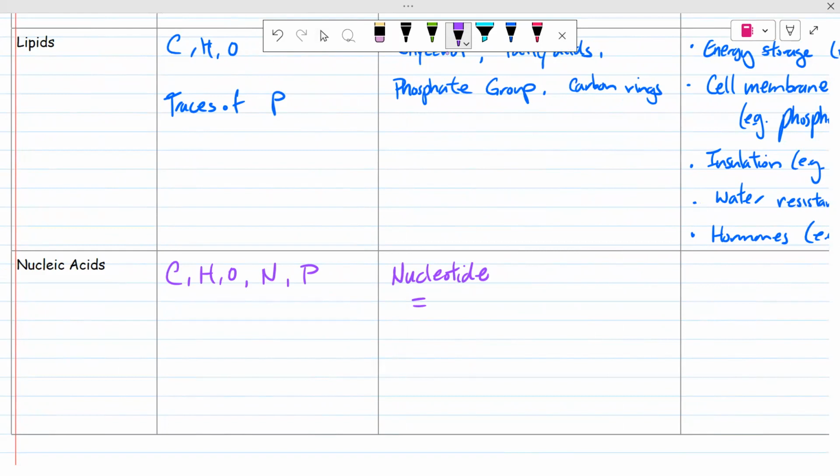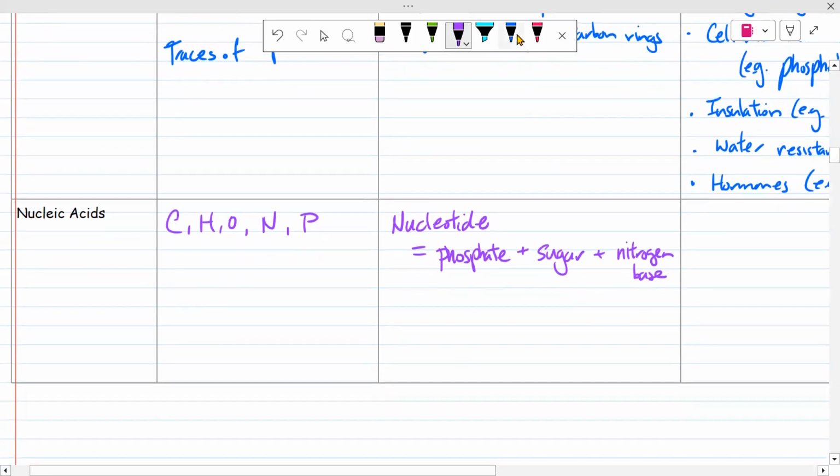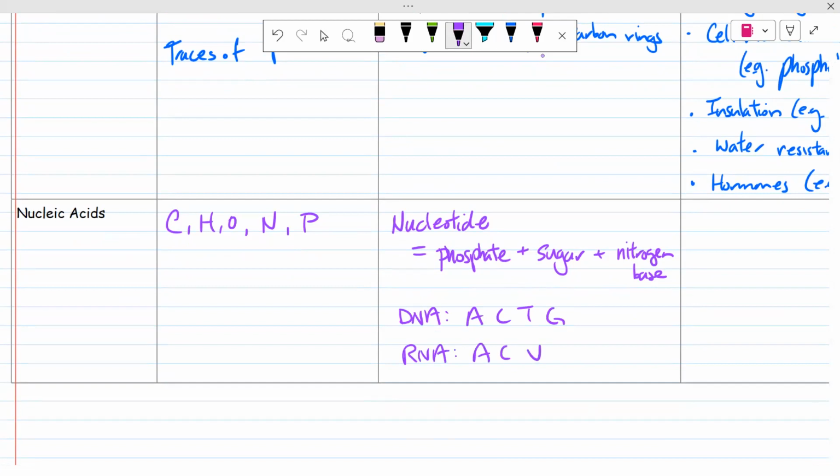Just to refresh your memory, a nucleotide contains phosphate, sugar, plus nitrogen base. All right, so for DNA, it's ACTG. And then for RNA, ACUG.